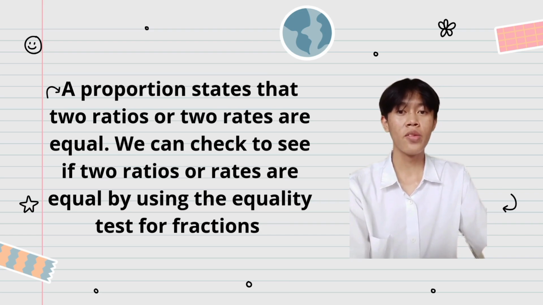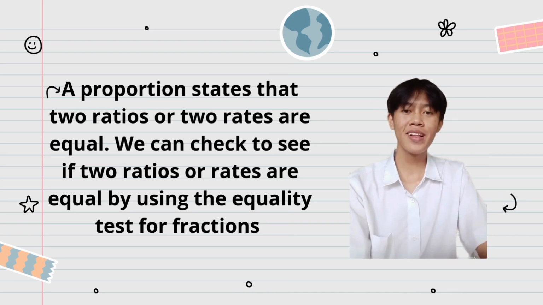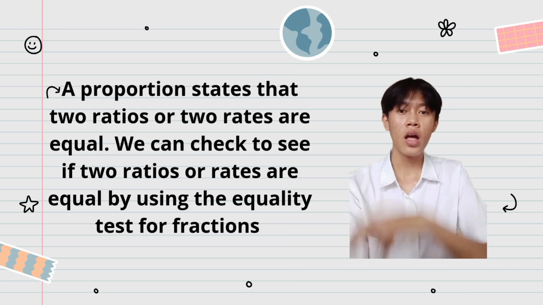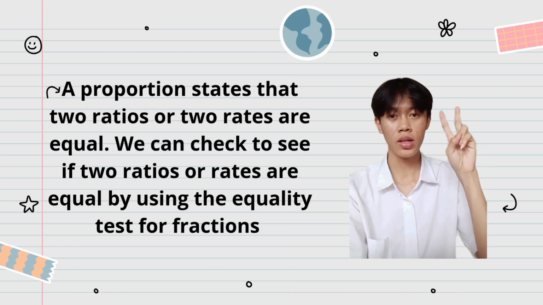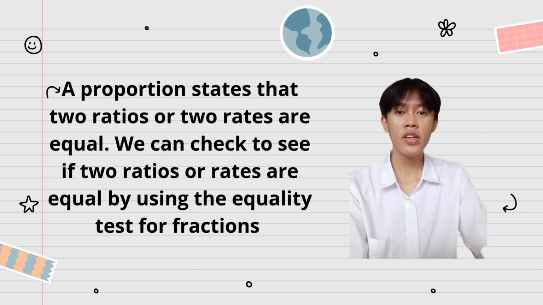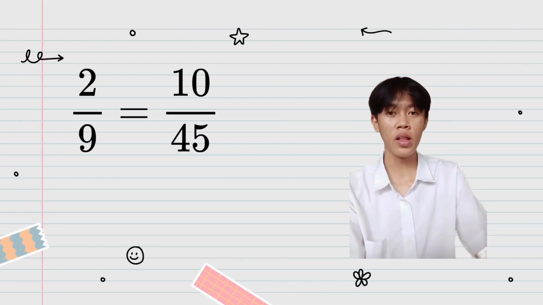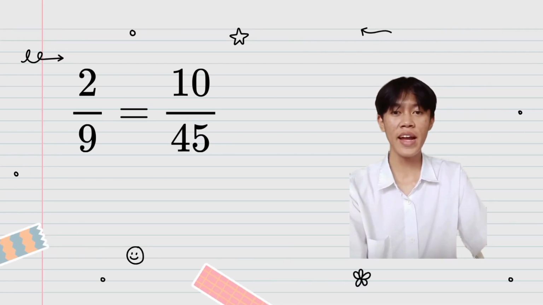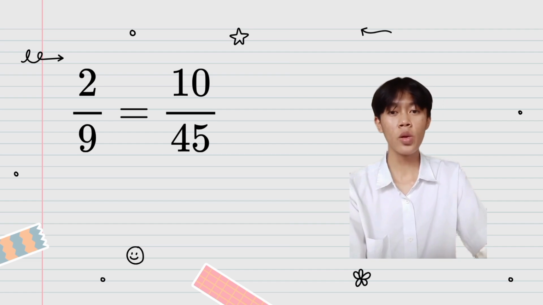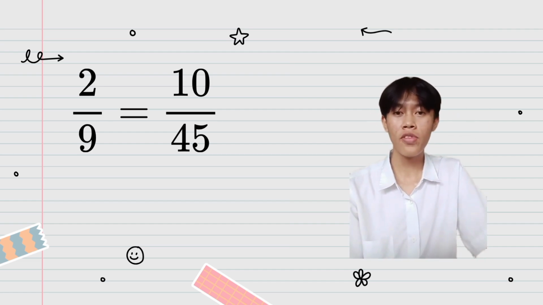If you don't remember, it basically tells you that 2 fractions are equal if the cross products are equal. As an example, we have 2 over 9 and we say this is equal to 10 over 45.